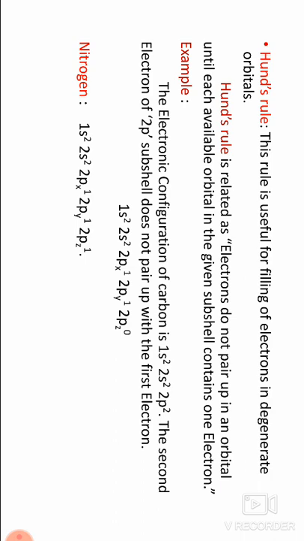The n plus l value of 3d orbital is 3 plus 2, that is equal to 5, and 4s orbital 4 plus 0, that is equal to 4. 4s orbital has lower energy than 3d orbital, so it is filled before 3d orbital.